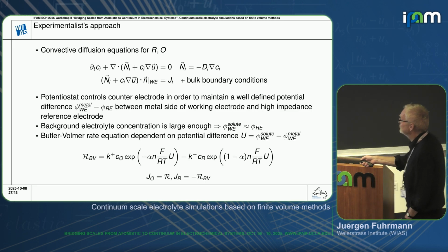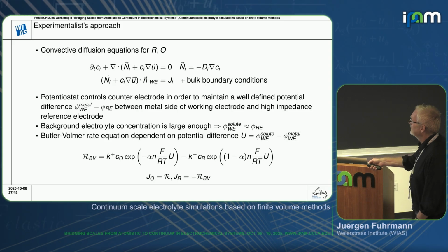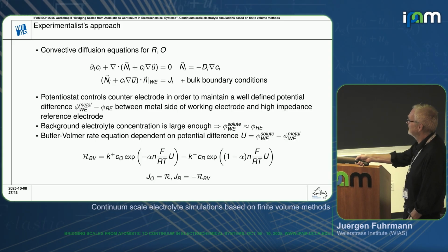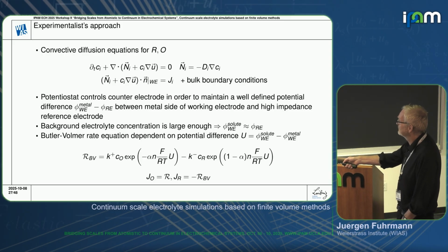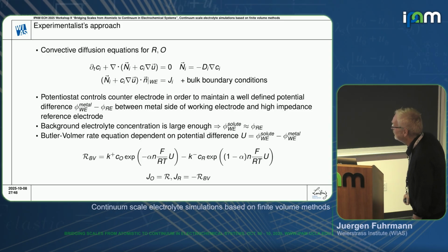They have this convective diffusion equation, with some bulk boundary conditions, and then the reactive boundary conditions, which are, let's say, Robin boundary conditions with the flux terms.